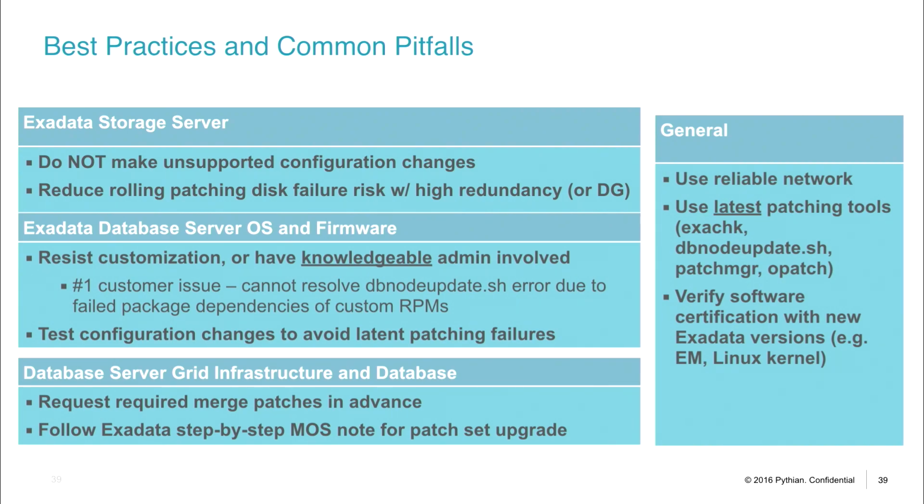So to sum it up, basically do not make any unsupported configuration changes. Reduce rolling patching disk failures with DataGuard. Resist customization. Those are very common errors that we have when we are doing an Exadata upgrade. It's very easy to install custom RPMs on our Exadata, but we tend to forget which RPMs we installed at that point in time, and it will cause us a lot of issues.